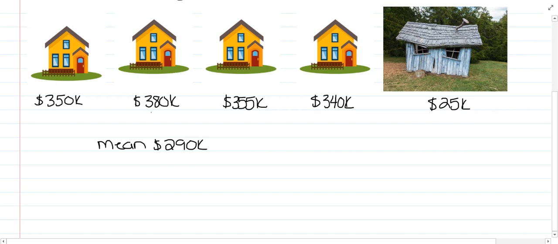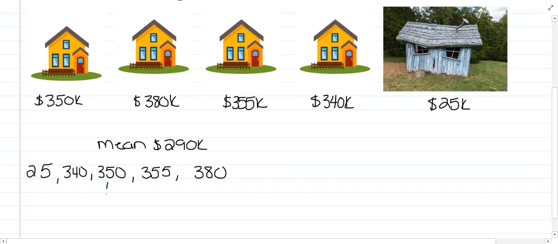So in this case, in real estate, you do want to go by that median value here. So if I took these and put them in order, I would have the 340, then the 350, then the 355, then the 380, and the 25 would be over here.